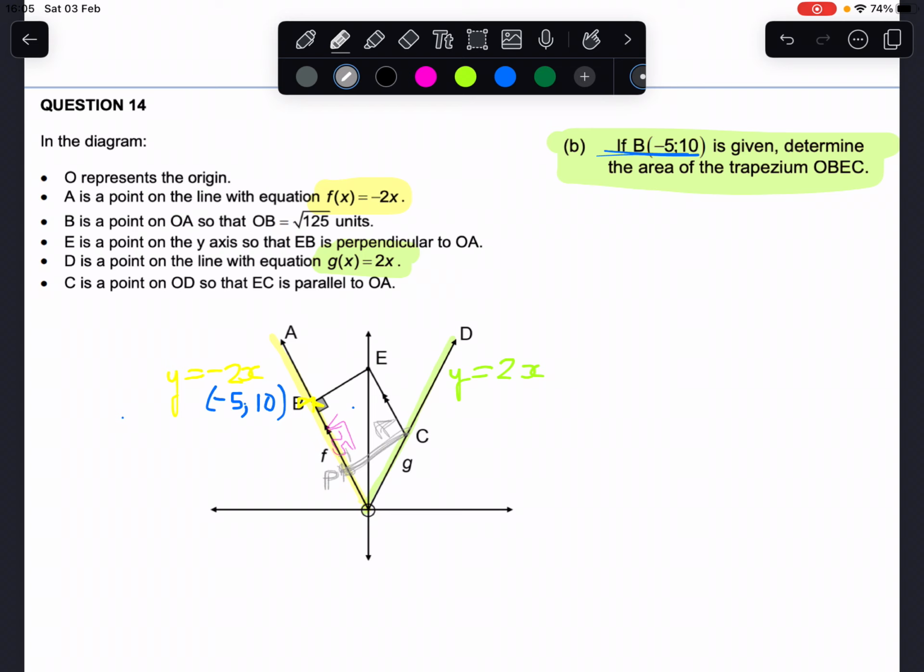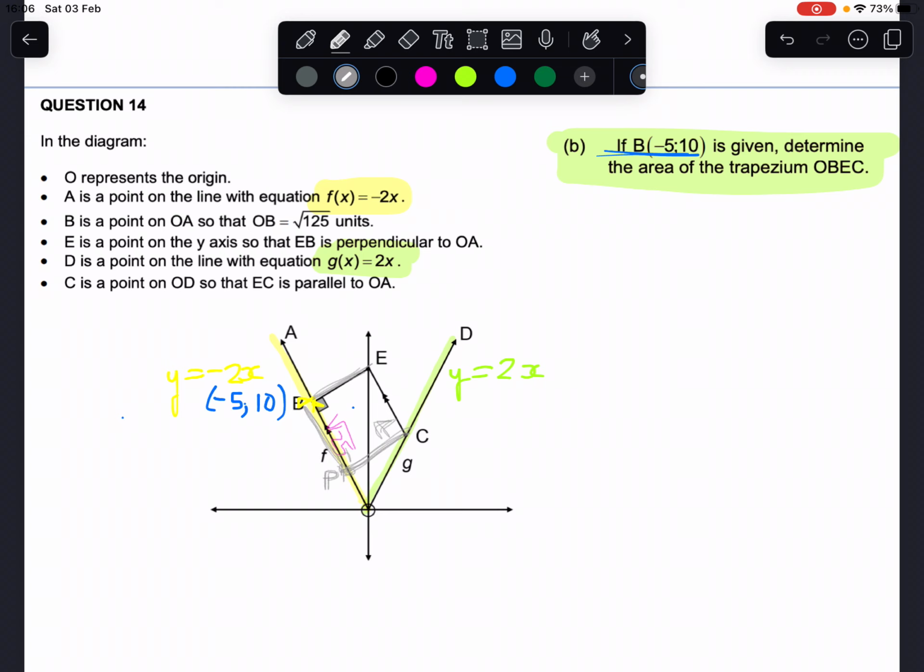In order to find the area of the rectangle, we would need to find out the length of BE, or the length of CP, and also the length of BP, unfortunately. Because we only know the length of BO. So there's that interesting complexity.